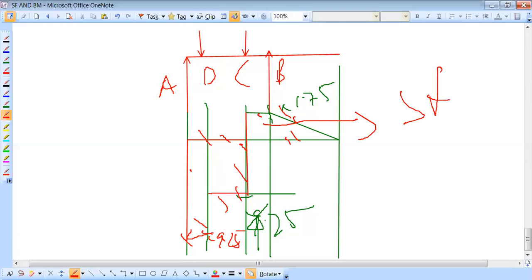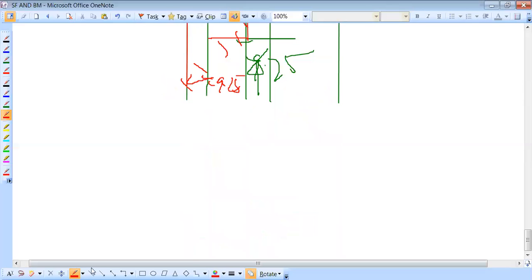Then draw the BMD. So as we know, how can I draw the BM diagram?